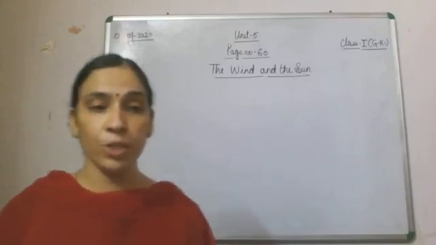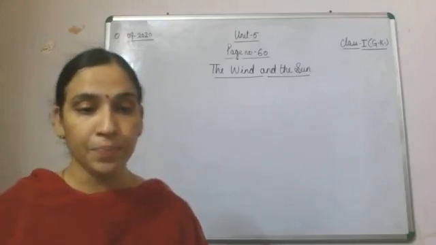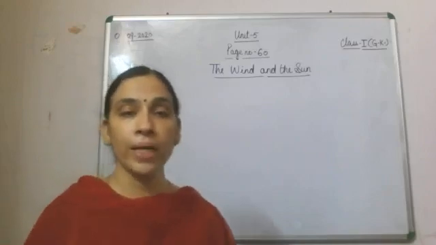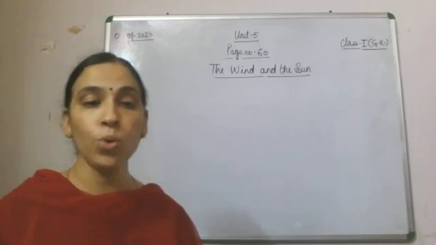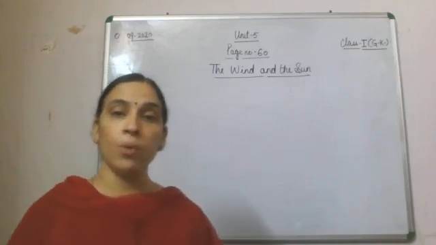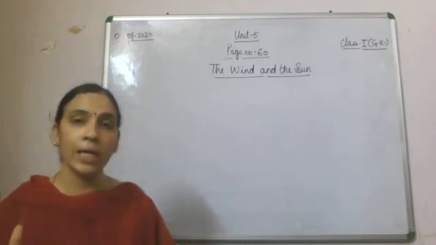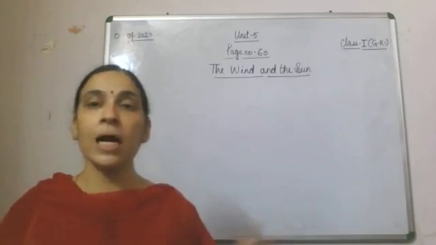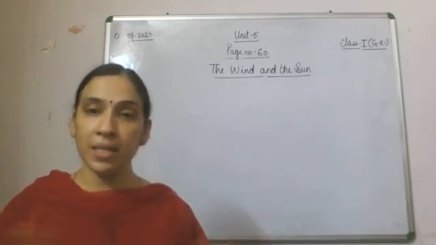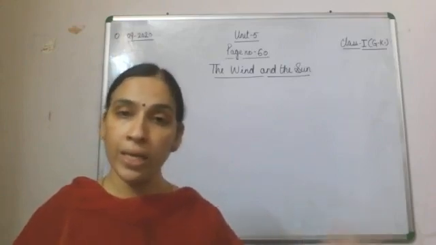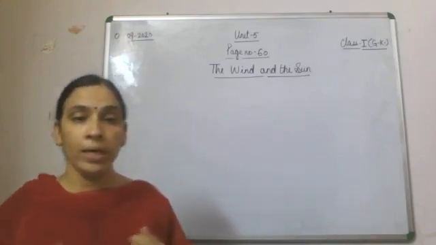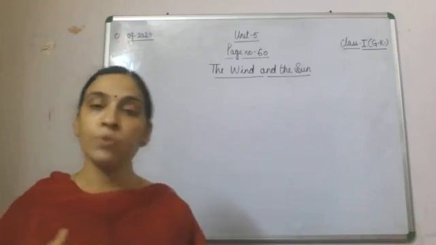What is given in the story is that one day the wind and the sun had an argument about who was stronger. One day the wind and the sun started arguing, fighting about who is stronger. The wind said I am stronger, then the sun said no, I am stronger.